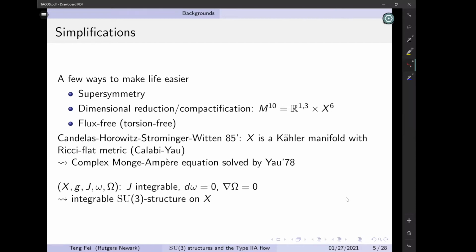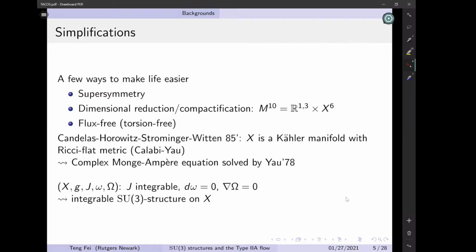So there's this idea of dimensional reduction, or you can call it compactification, that is to assume that the 10-dimensional manifold, this Lorentzian manifold, is actually a product of the Minkowski space-time with some 6-dimensional manifold called X. This X is called the internal manifold, and it's Riemannian. It comes with a Riemannian metric because the Lorentzian part is taken care of by the Minkowski spacetime, and usually we assume X is compact and very small in scale. So we do not observe it by our naked eyes.